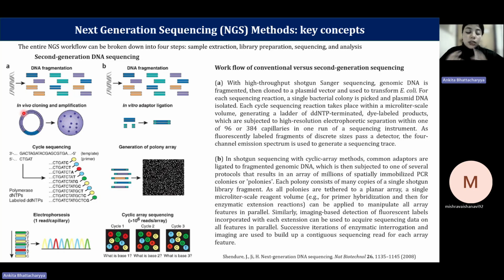But in case you're not, the idea of transformation is that if you want to get a large amount of any DNA of your interest, or if you want to easily transport it from one place to another, one of the ways in which it is done, it's not the only way, is by introducing it into bacteria. And then bacteria will act as the host for it. And this, of course, only works if the DNA is present as a plasmid. I'm only talking about plasmids here.